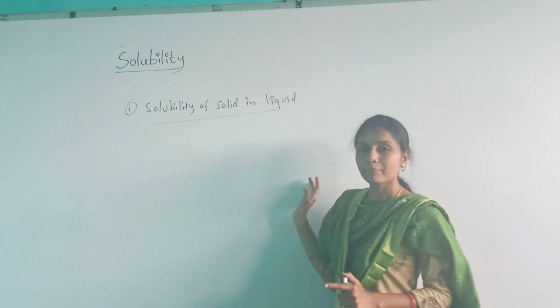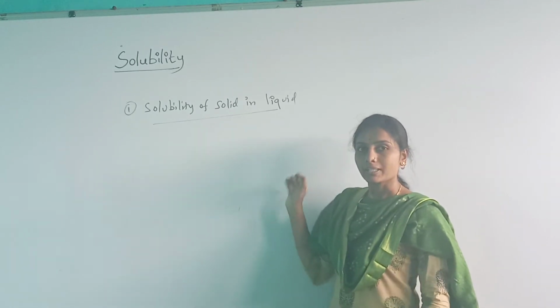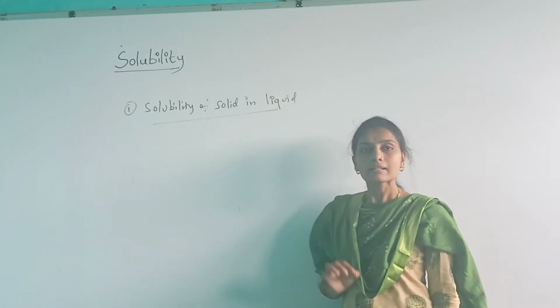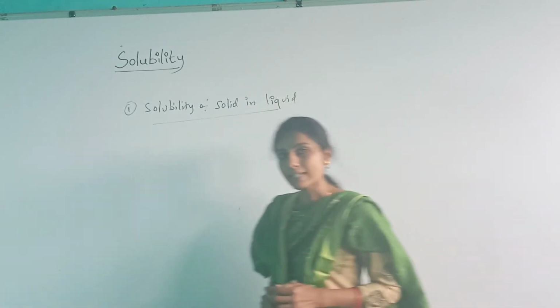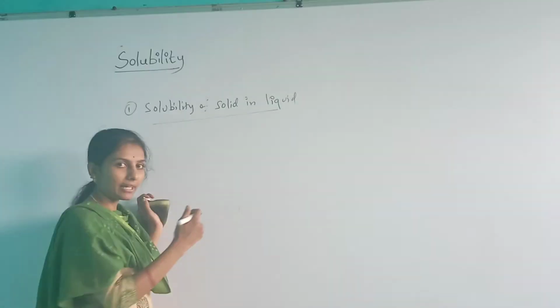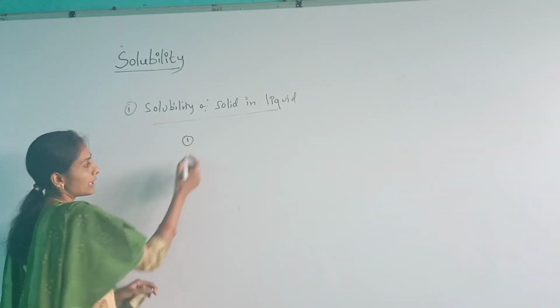Here, what is happening to the solubility of a solid when it is dissolved in liquid? Here, solute is solid, solvent is liquid. Again we can study under headings, and I get three definitions here.